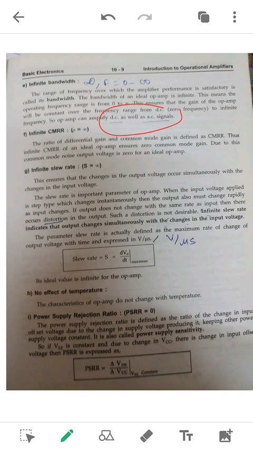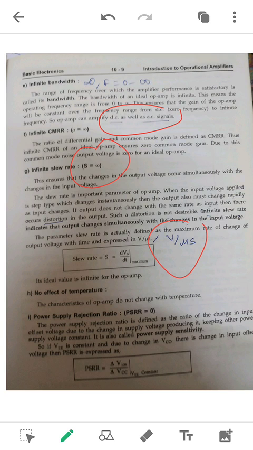Next, infinite slew rate, S equal to infinite. Infinite slew rate indicates that the output changes simultaneously with the change in input voltage. The parameter slew rate is actually defined as the maximum rate of change of the output voltage with time, and is expressed in volts per microsecond. That you can observe here.